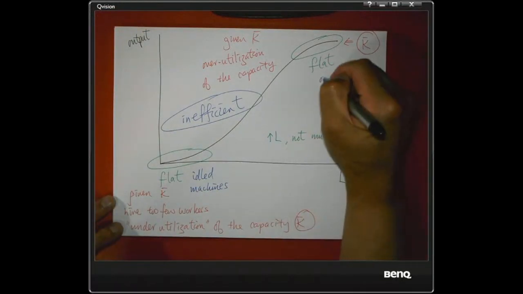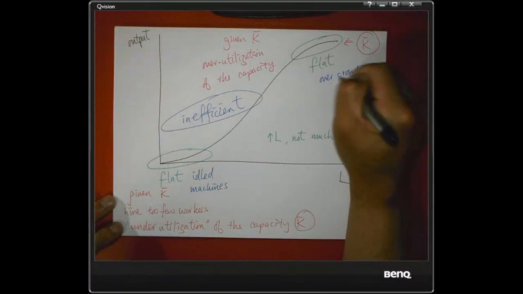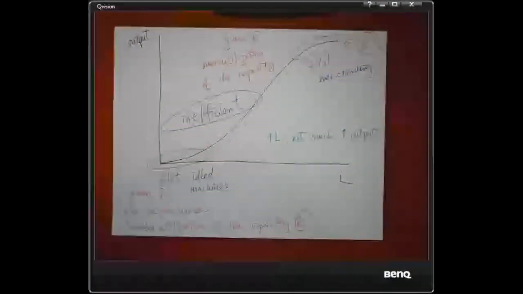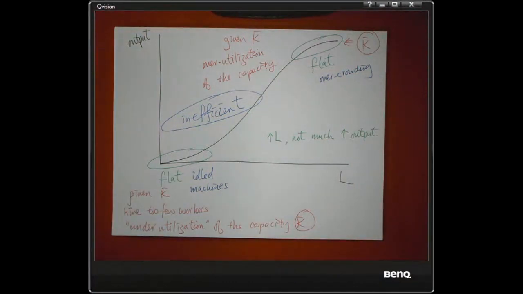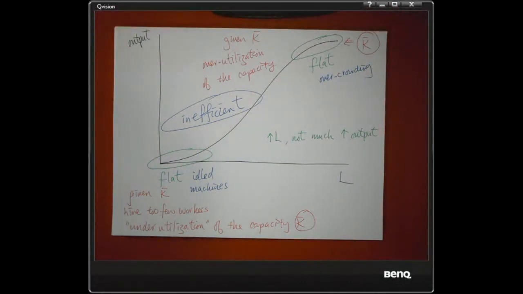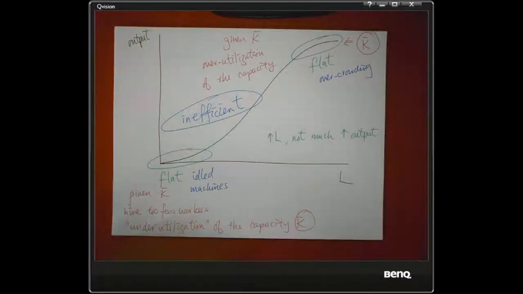Up here you have overcrowding. It's not efficient either, because don't forget, like earlier some of your fellow classmates said, too many cooks spoil the broth in the kitchen. So this capacity is like the size of the kitchen in a restaurant.